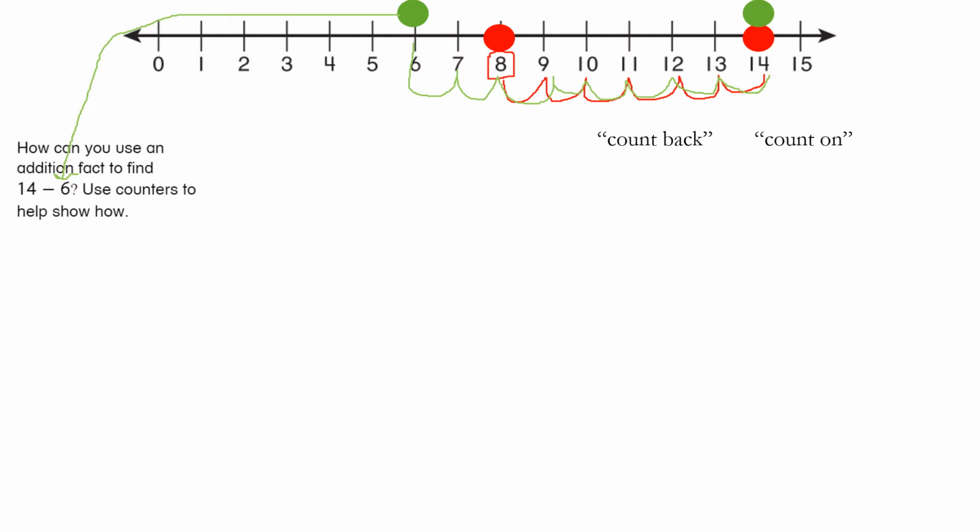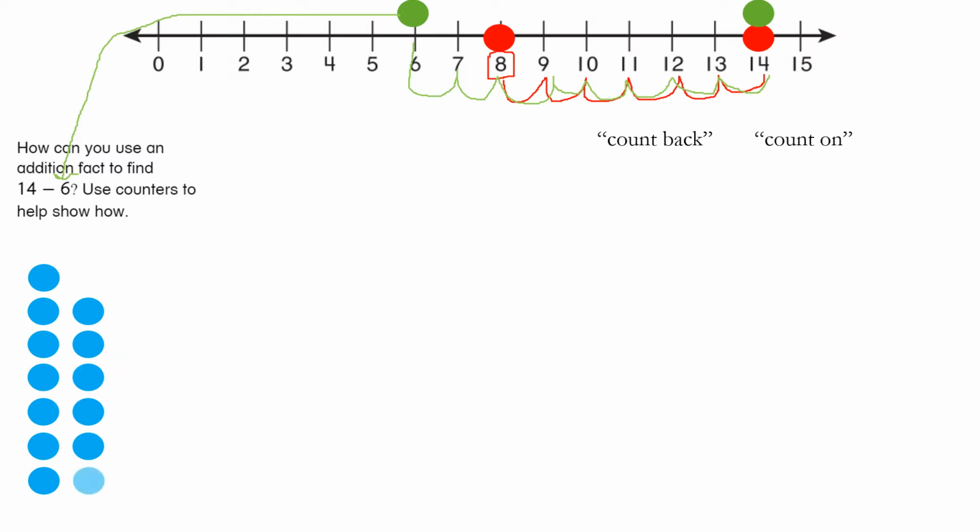The number line is just one of our strategies. Well, it's one of our tools. Counting back and counting on are two of our strategies. We could do something else. We could just use counters like this. 1, 2, 3, 4, 5, 6, 7, 8, 9, 10, 11, 12, 13, 14.